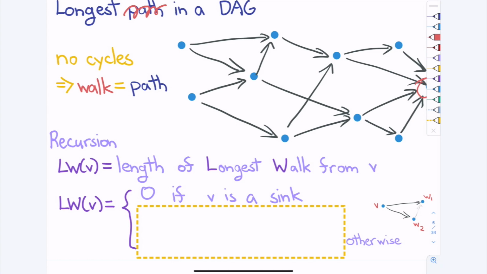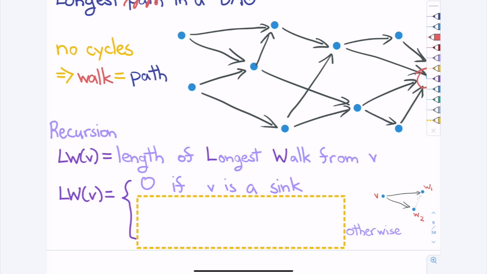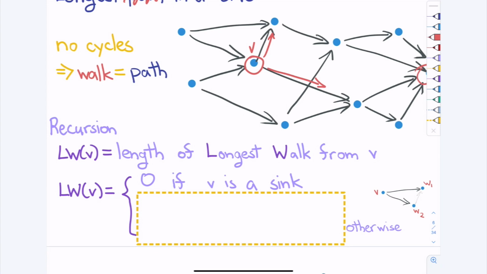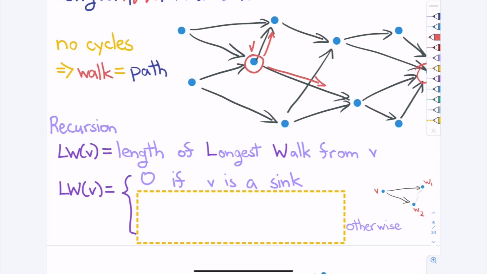Sure. Longest walk of all of its children. Okay, so by children, I'm assuming you mean, if this was the vertex in question, everybody with an outgoing edge? I mean, every out-neighbor, sometimes it's called. So you said longest walk, did you say the maximum over all of them?